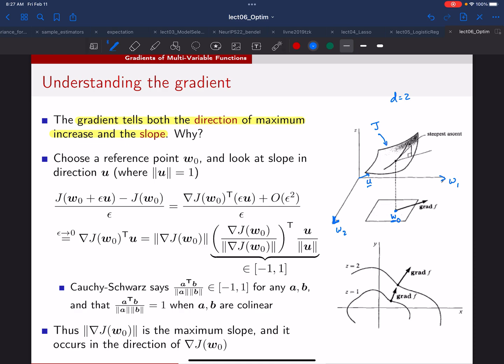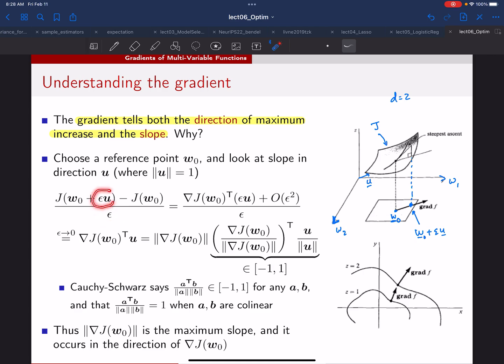Okay, so maybe I'll move it up to here. So this point is going to be W naught plus epsilon times u. And this is kind of the classic way that we look at slope, right? This is rise over run. We take a small step away from the reference, in this case epsilon times u. And I look at how much the function has increased divided by how much I have moved.